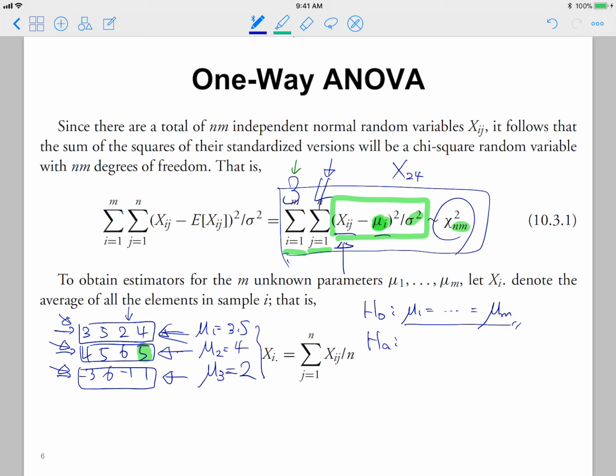So in these cases, certainly H naught is not true, because mu1, mu2, mu3 are different.